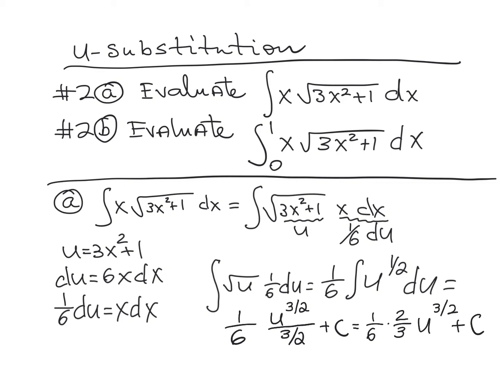And let's finish this up. We want the answer back in variable x. So 1/6 times 2/3 is 2 over 18, 2 over 18 u to the 3/2 plus c, or 1/9 u to the 3/2 plus c.